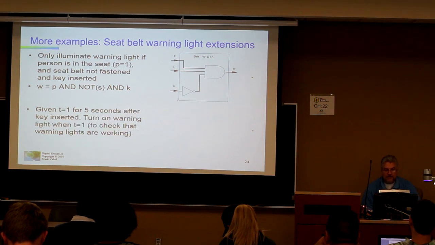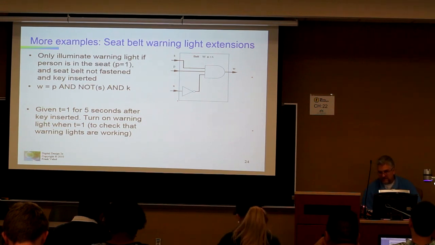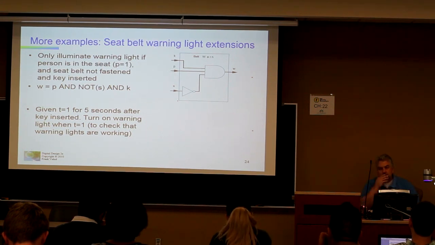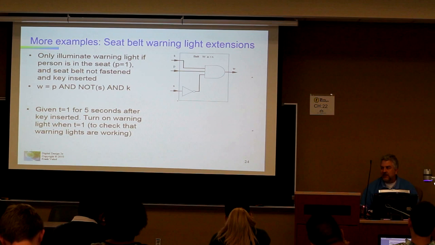And oh yeah, we're going to also say that we'll only do this 5 seconds after the key is inserted and the car kind of started, because you want to give somebody at least a little bit of time to click it in after you've put the key in, right? Might be 5 seconds, might be 10 seconds.